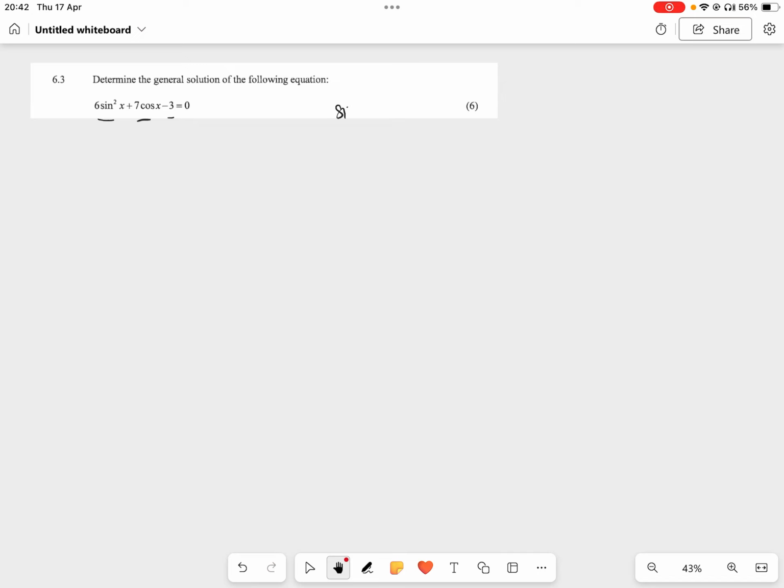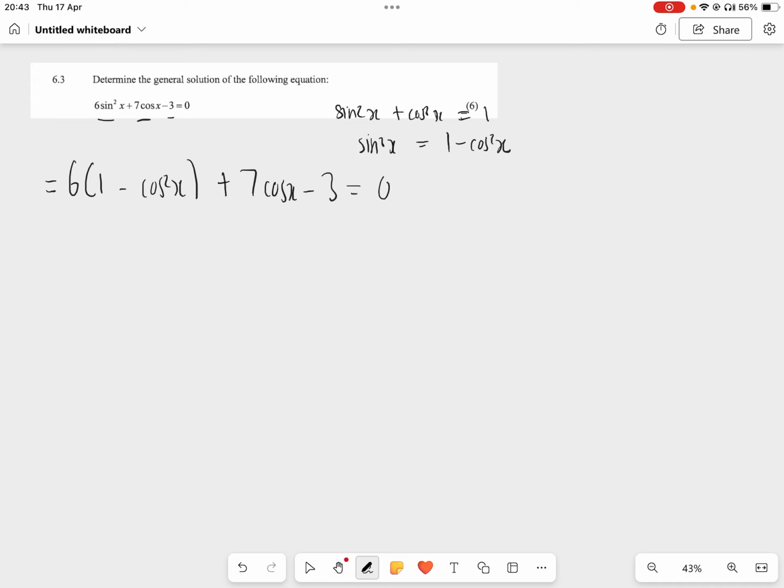So we know the identity sine squared x plus cos squared x equals 1, right? So from this, we know that sine squared x equals 1 minus cos squared x. So in place of sine squared x, I can put 1 minus cos squared x, plus 7 cos x minus 3 equals 0.